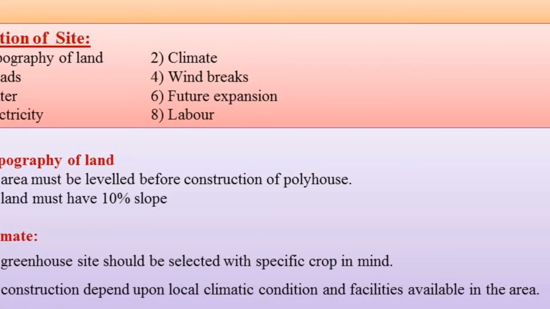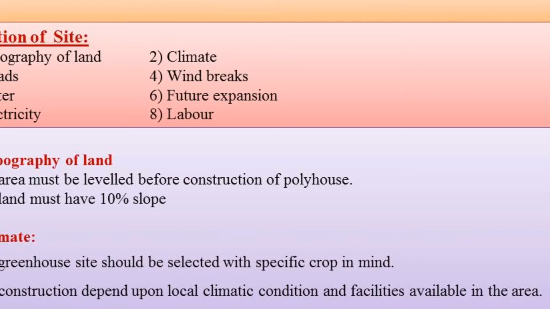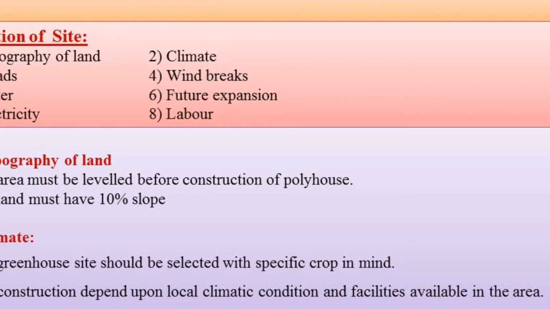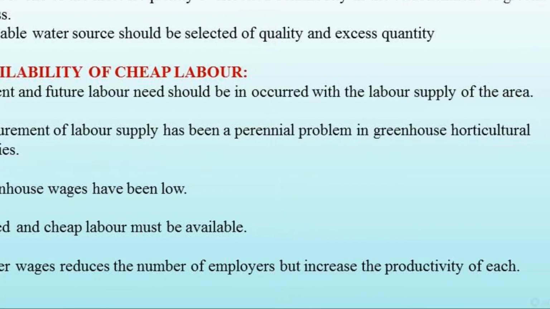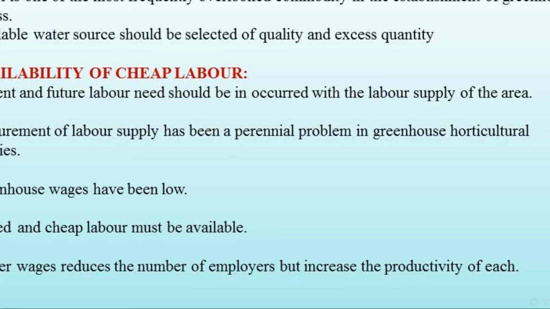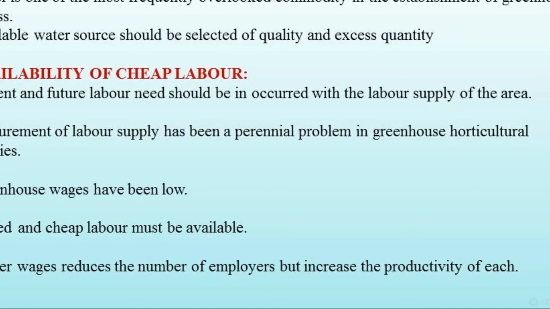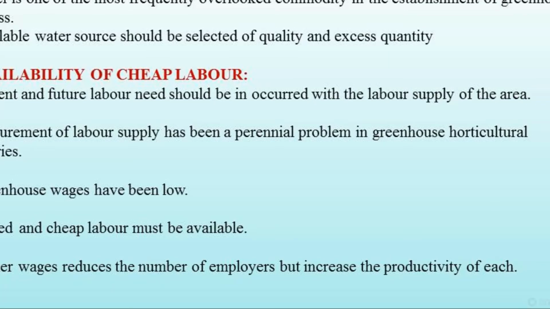The climatic conditions include intensity of sun radiation, humidity, rainfall, temperature, and wind velocity of the region. Then we will discuss the next factor, that is availability of ample water. Water is one of the most frequently overlooked resources in the establishment of a greenhouse business.